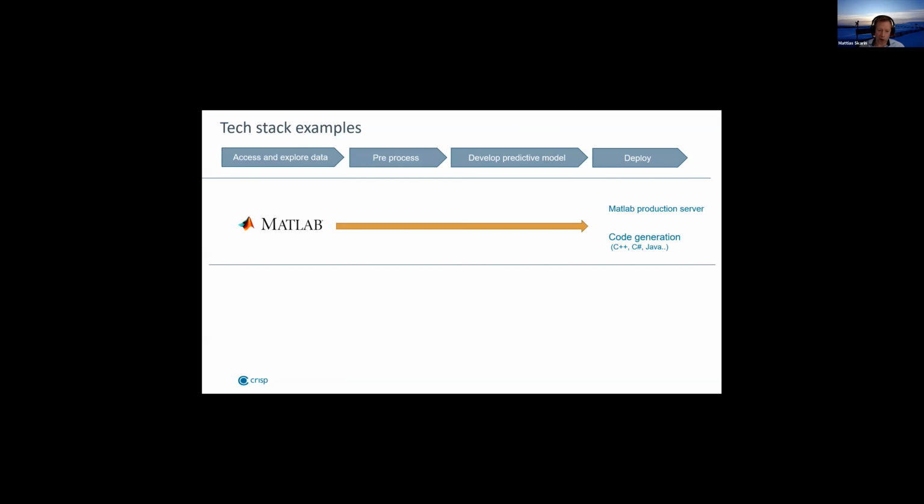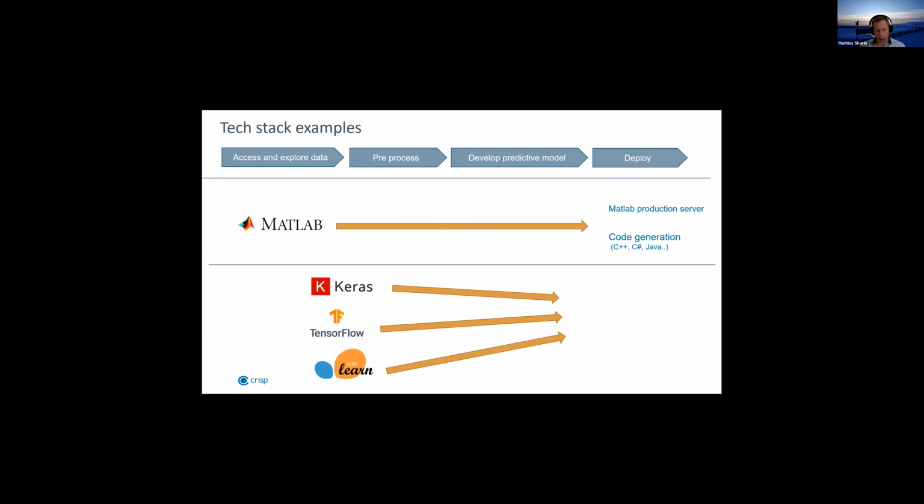The second ecosystem that is very worth mentioning is the Python ecosystem. And here you have tools like scikit-learn, which is sort of the machine learning box inside Python, TensorFlow, which is the deep learning part, the neural network, and Keras, which is a high-level API on top of TensorFlow.